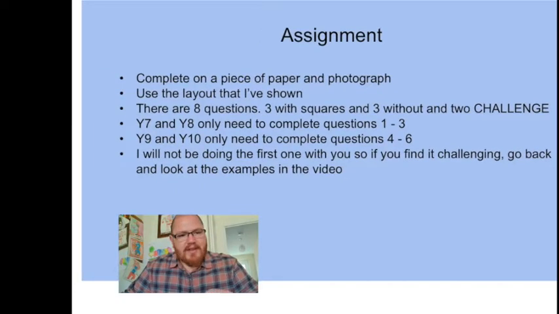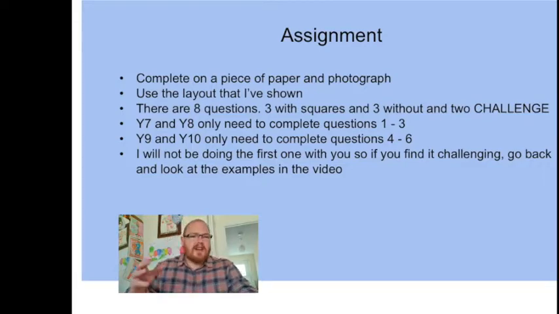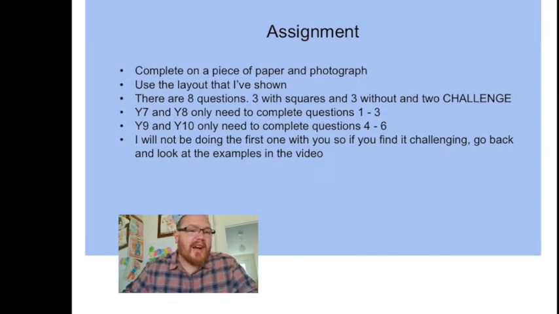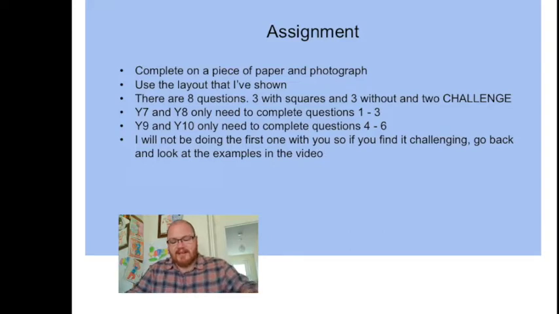Year 7 and 8 to complete 1 to 3. So I'll be providing the crosses already laid out for you, just in case you're struggling with this topic. But then questions 4 to 6, you need to draw your own Punnett squares, and then your 2 challenge questions are a little bit more difficult, more sort of edging towards the A level. Oh no, it was sort of higher tier. I wouldn't even say it's A level, it's higher tier.